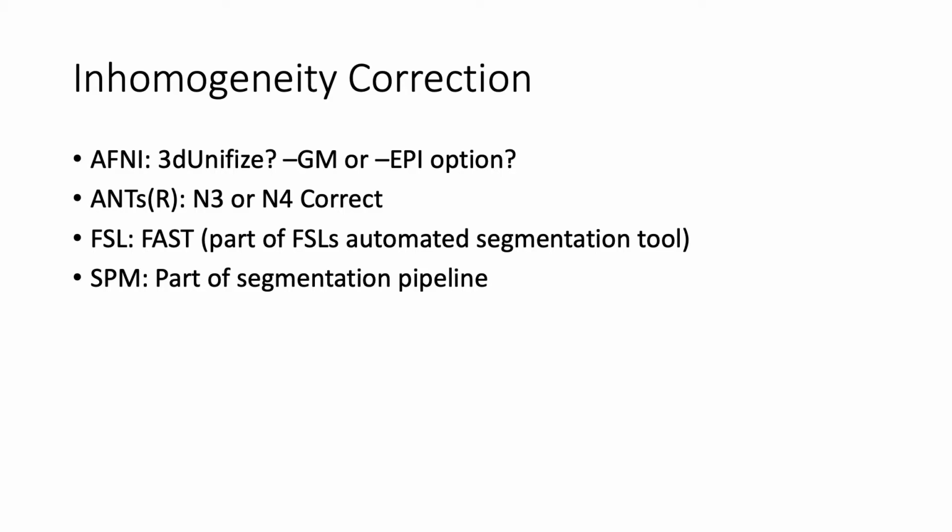So one thing to note about FSL and SPM, the way they handle this is really through their segmentation. It's basically an option you select while you're doing brain segmentation. They adjust for the intensity differences.